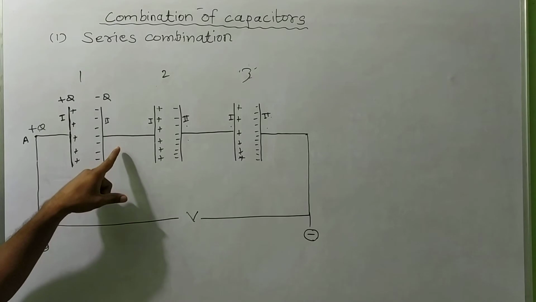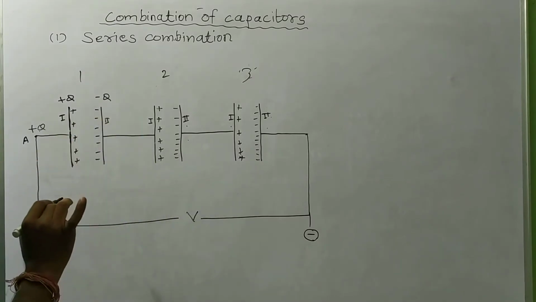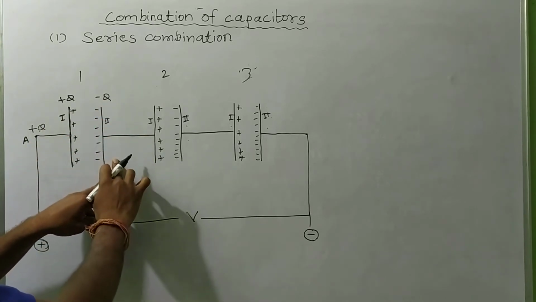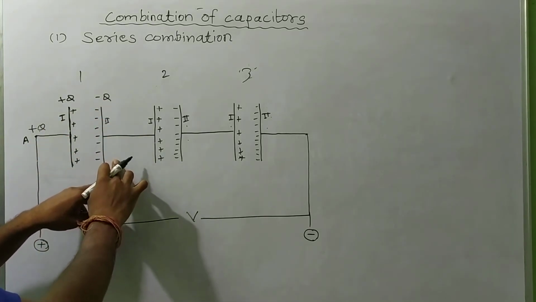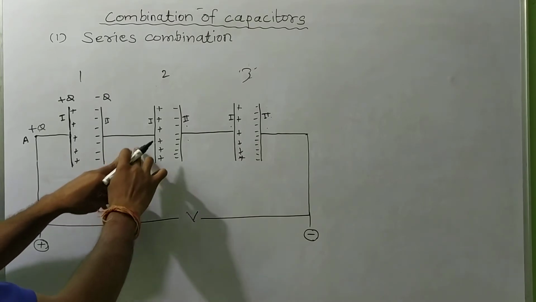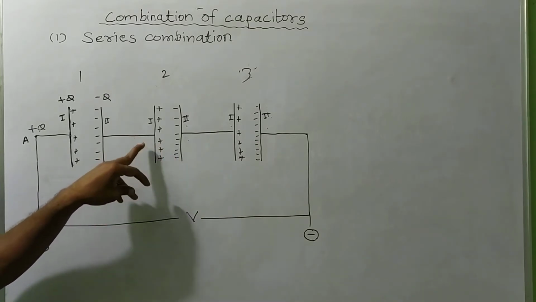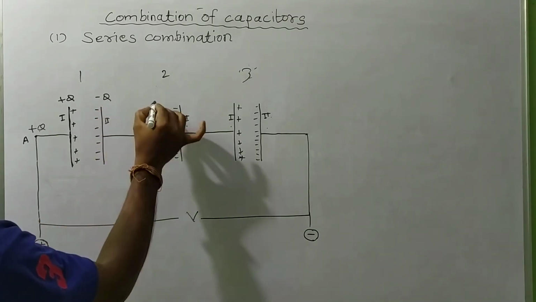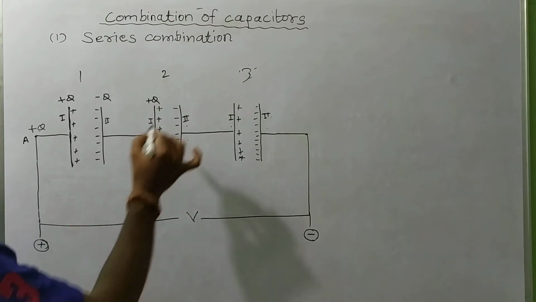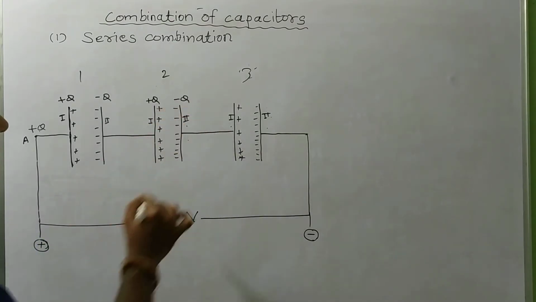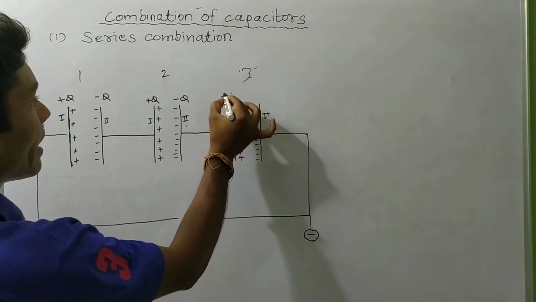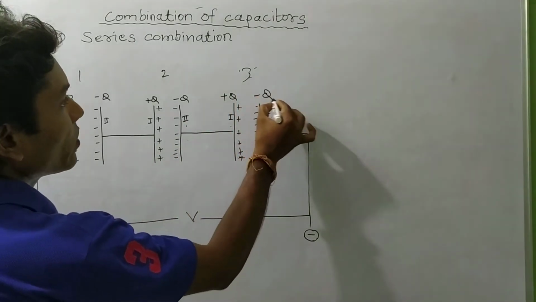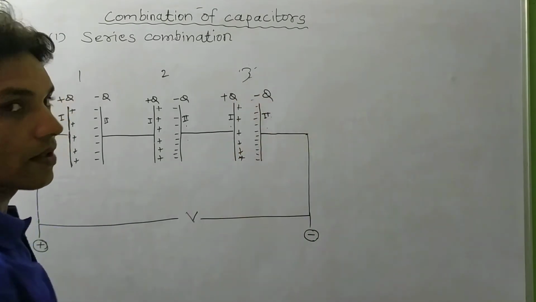So the positive charge will be equal in magnitude to the negative charge. Here the magnitude will be the same, and here the magnitude is the same but the sign is opposite.